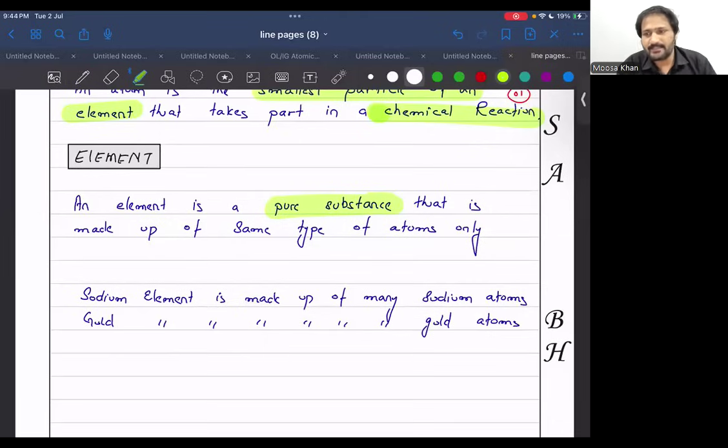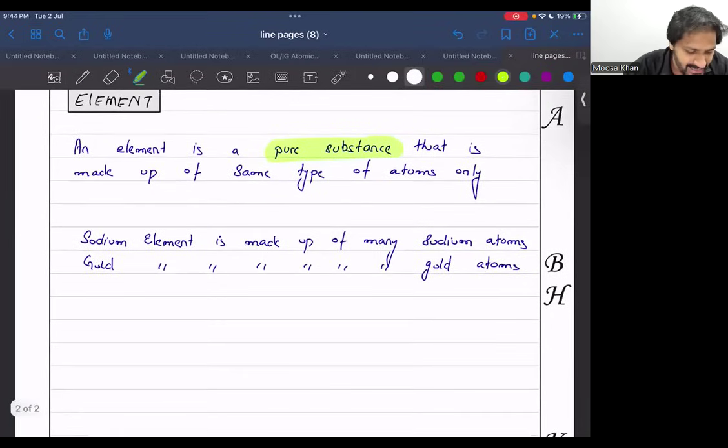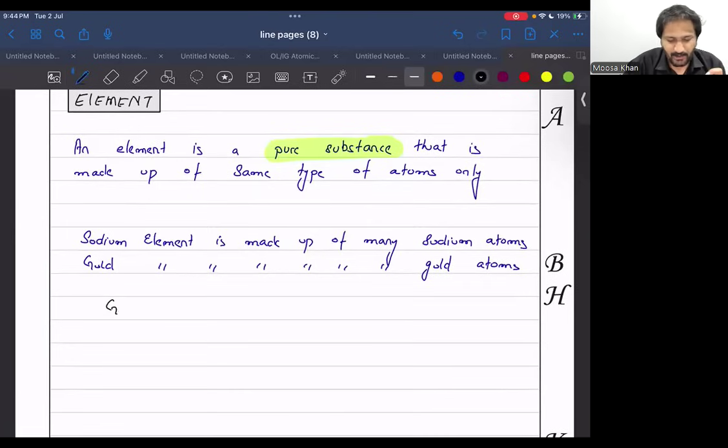Another definition for an element is that an element is a substance which cannot be split into two or more simpler substances. अब इस बात का क्या मतलब है? देखो, every element is made up of a particular type of atom. If we talk about gold element, a gold element is made up of many gold atoms. अच्छा, गोल्ड के अंदर जितने भी एटम्स होंगे वो सारे के सारे गोल्ड के ही होंगे.